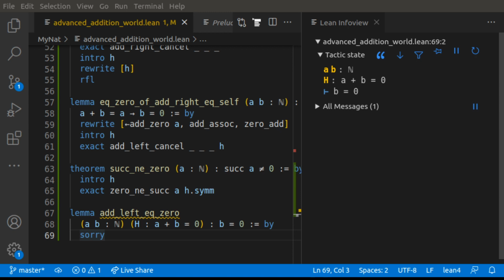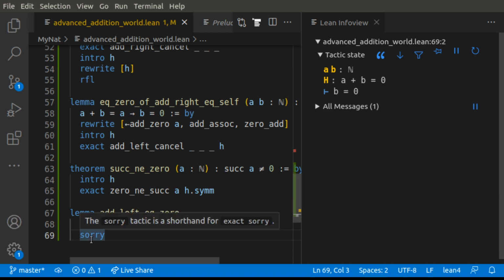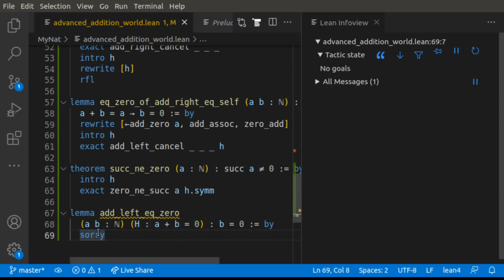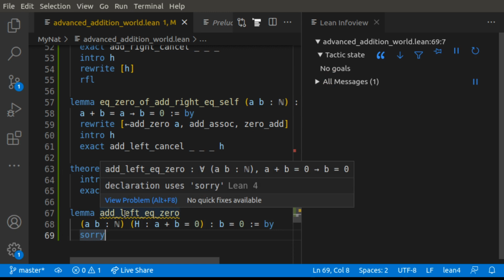I guess the implication is one way, so it's not direct equality, so it's fine. Oh, wait. Yeah, okay, implies b equals 0. I guess that's one way this is true.